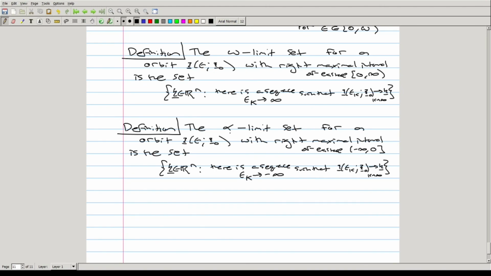So you can think of it for a given orbit, the limit set is the set of points that are converged to in either the positive time direction or the negative time direction. And these sets are going to be very important a little bit later on when we discuss limit cycles.